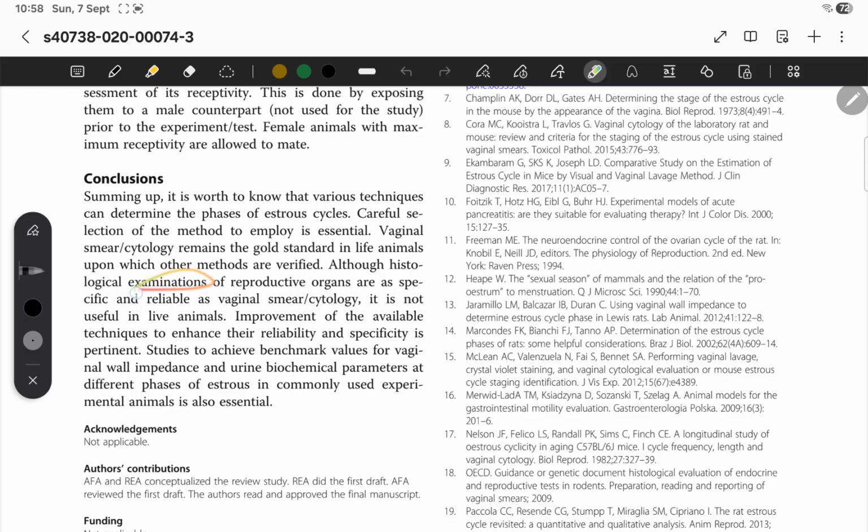Although histological examination of reproductive organs is as specific and reliable as vaginal smear cytology, it is not useful in live animals. Improvement of the available techniques to enhance their reliability and specificity is pertinent. Studies to achieve benchmark values of vaginal wall impedance and urine biochemical parameters at different phases of estrus are needed in experimental animals.